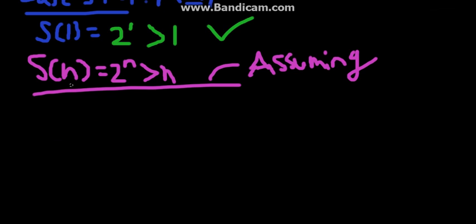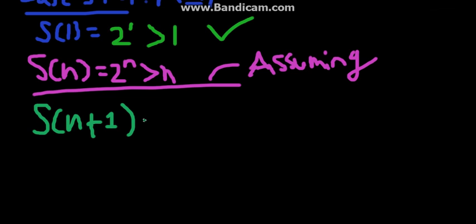So you're going to assume this to be true, and I'm going to get a new color, and we're going to try to prove S of n plus 1. Maybe I can go into why you assume this part.